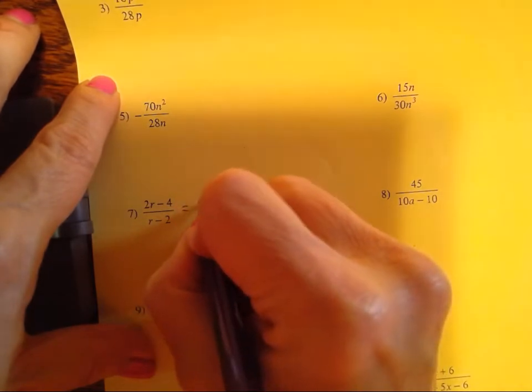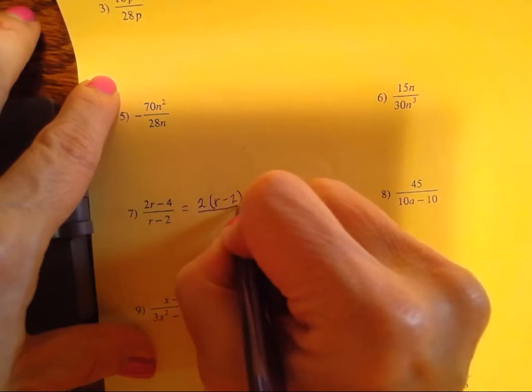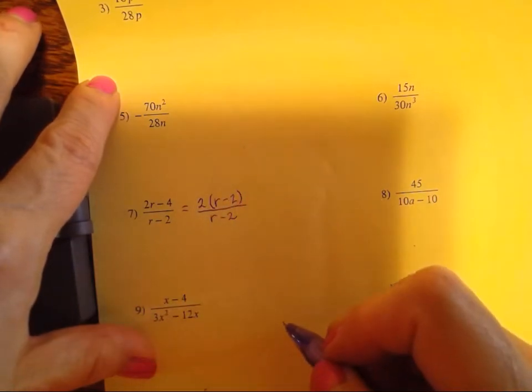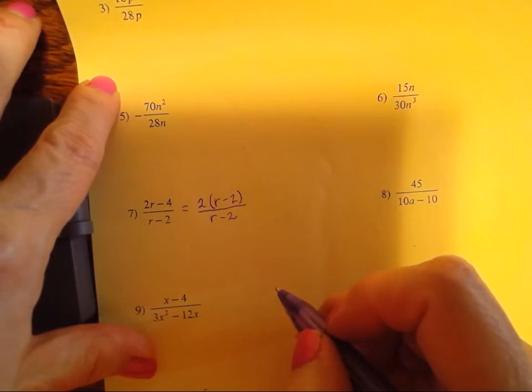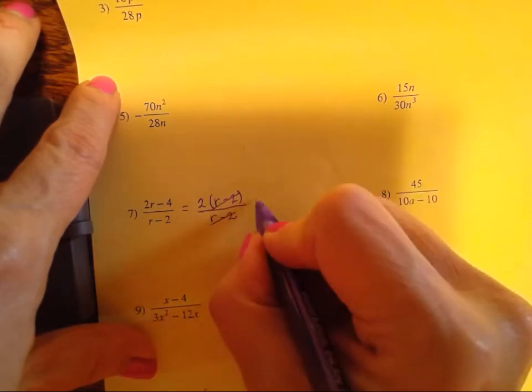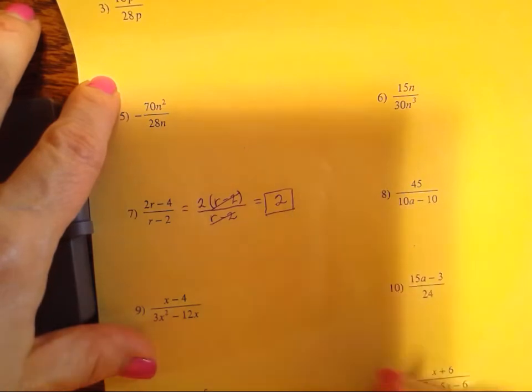So if we factor out a 2, we have to multiply it by r minus 2. The denominator will not factor. Notice we have an r minus 2 in the numerator and an r minus 2 in the denominator. You want to cancel both of those, and your final answer for number 7 is 2.